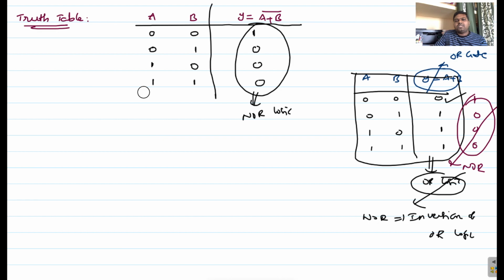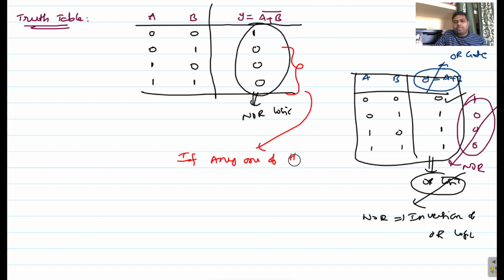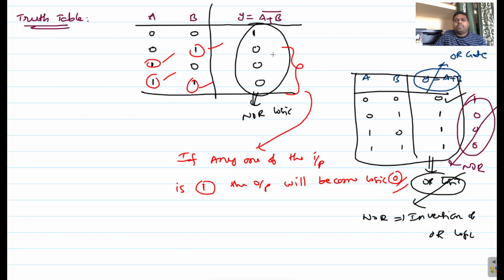Okay, so from this table what can we conclude? From these three possibilities, if any one of the inputs is 1, the output will become logic 0.